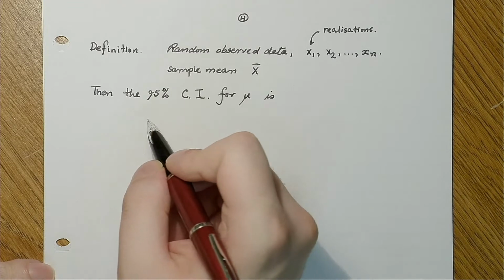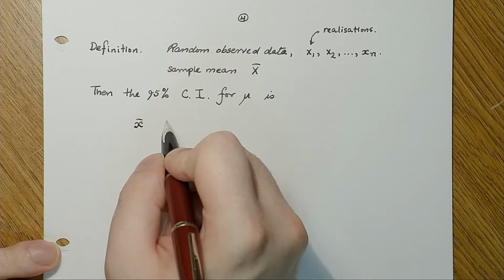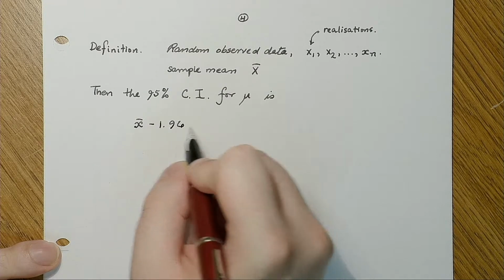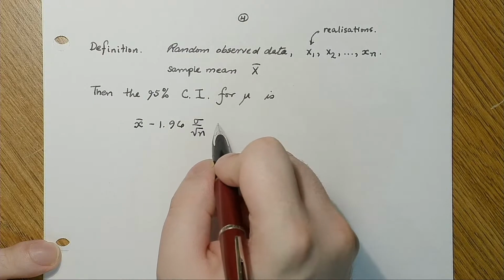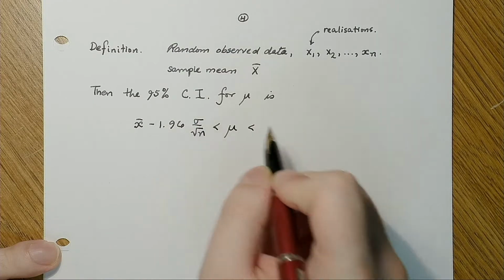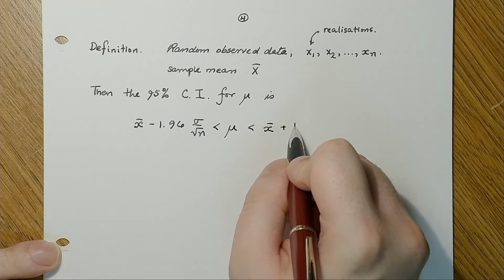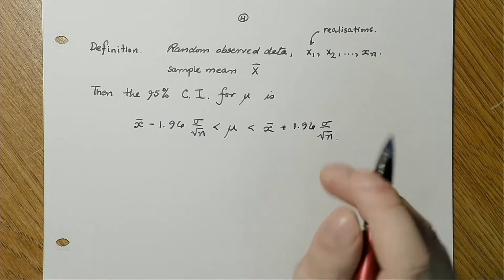so we can express it either way, but we can have little x bar minus 1.96 and so on.